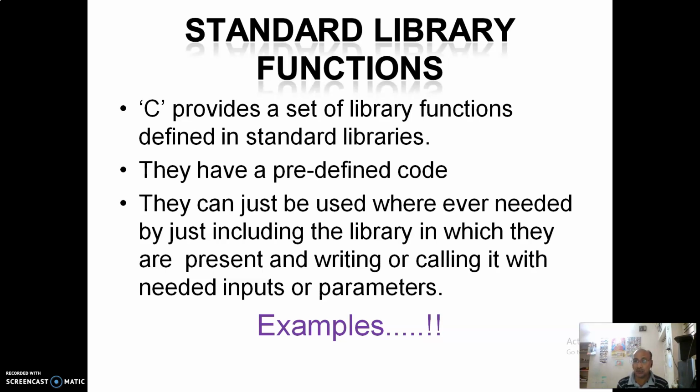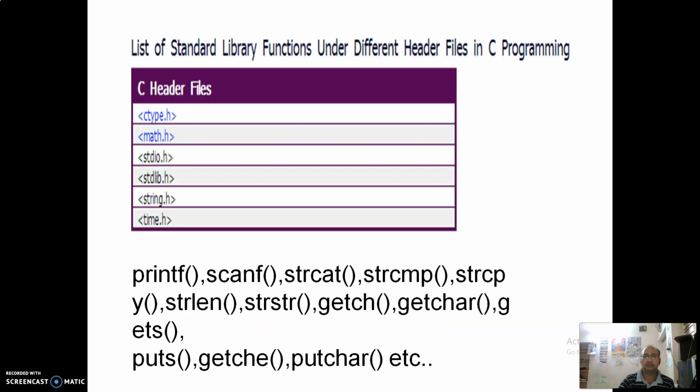They can just be used wherever needed by including the library in which they are present and calling them with the needed inputs or parameters. Examples: printf, scanf, strcat, strcmp, strcpy, strlen, gets, puts, getchar, putchar. These are the standard library functions.